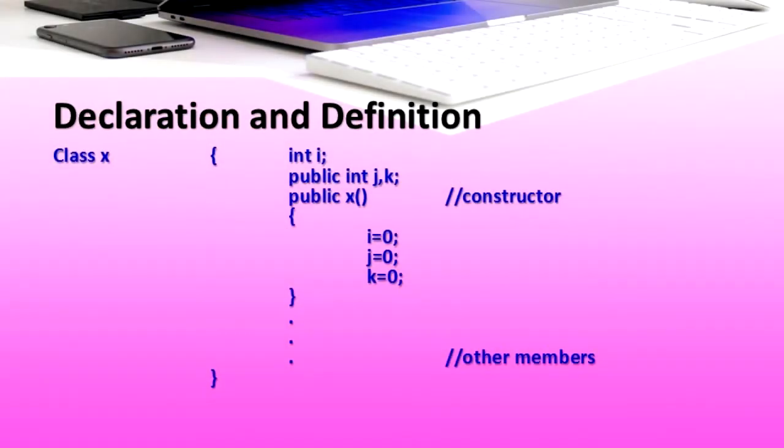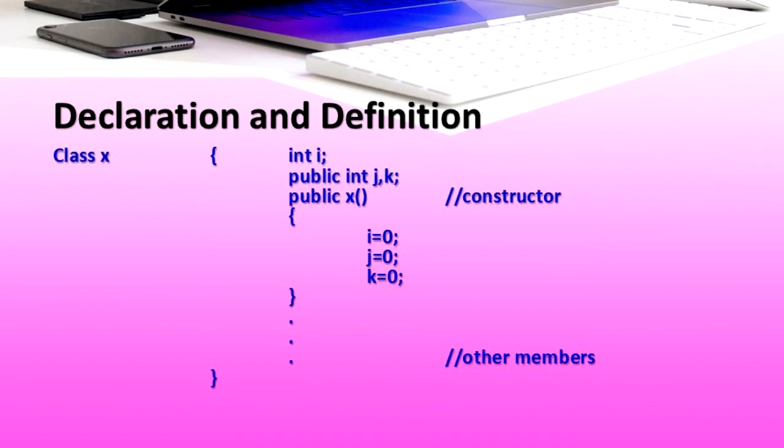So a constructor is a special method of a class with the same name as that of the class name. A constructor is defined like another member function of a class. The following code fragment defines a constructor.